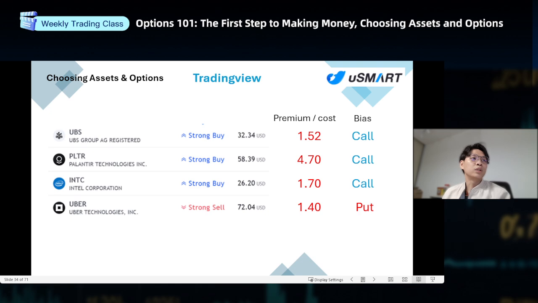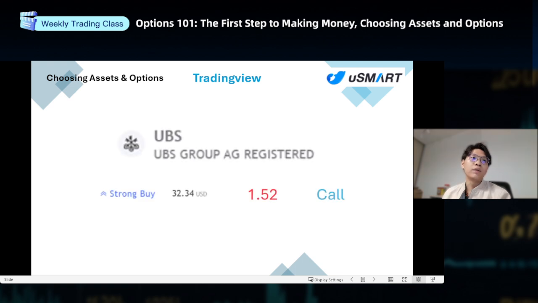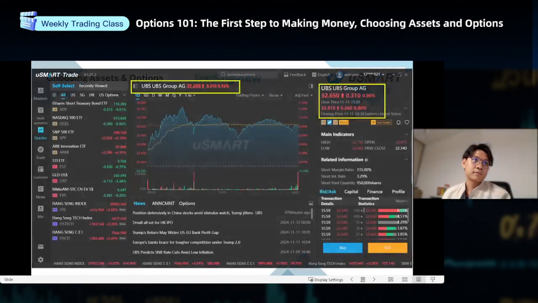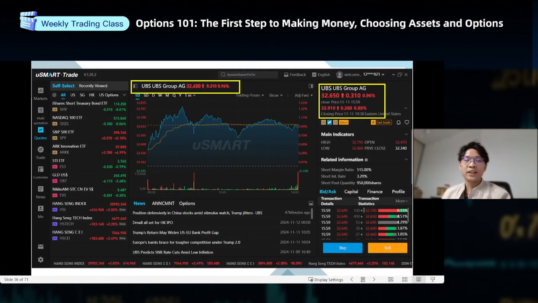And now we will need to look for the options for UBS. Open your trading interface and look for UBS Group.